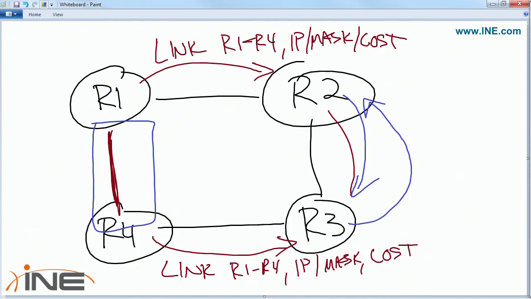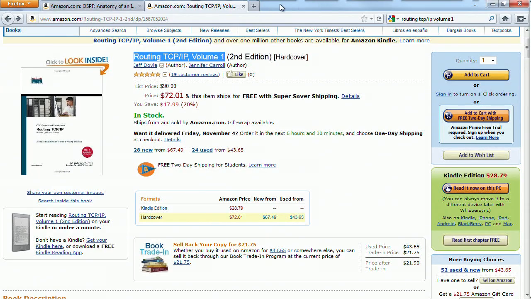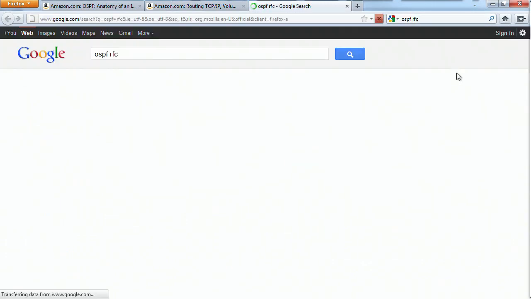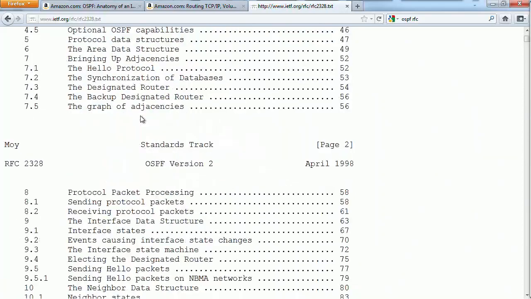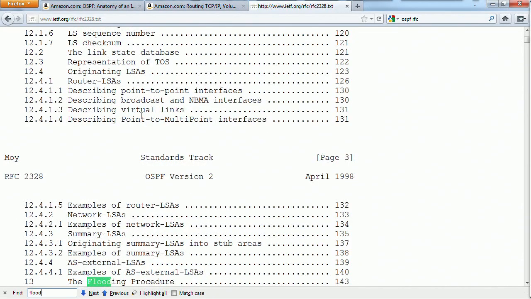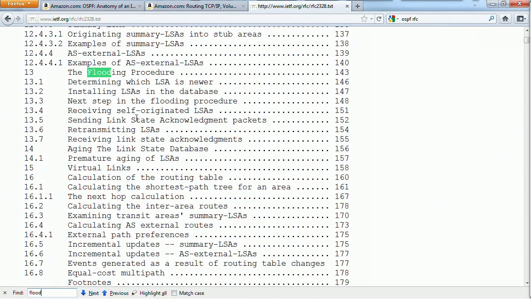The details of it are kind of out of our scope, but if you want to see specifically how they do the advertisements, this is defined in the RFC as the OSPF flooding procedure.